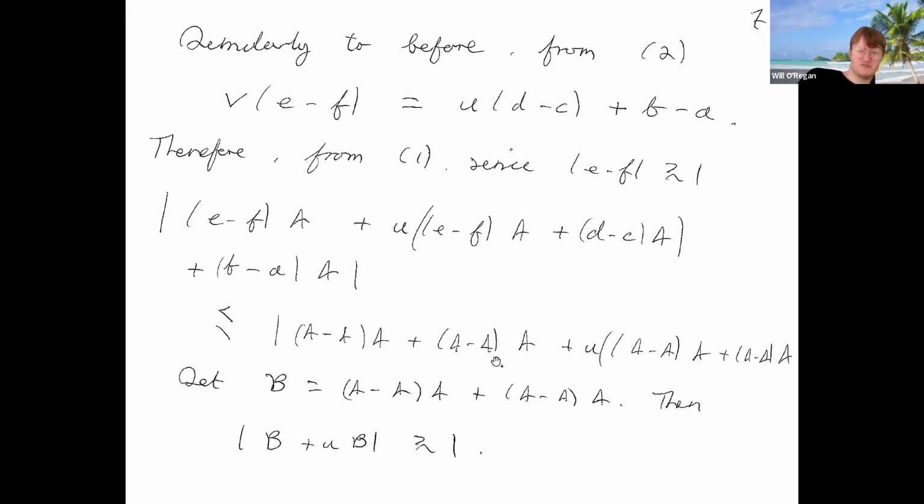If you remember this from before, A minus A multiplied by A plus A minus A multiplied by A. So we have something involving lots of sums, subtractions, and products of A, but with U. So it's a bit like we've got back to the problem before, haven't we? If we set B to be this thing here, then we have this conclusion. So it's back to the first problem that I showed you that was quite straightforward.